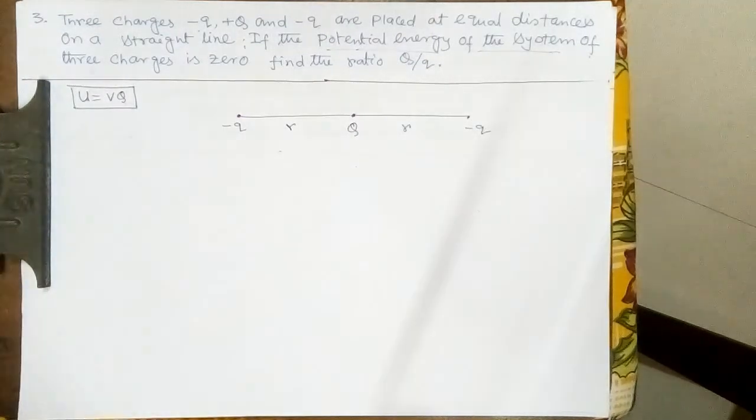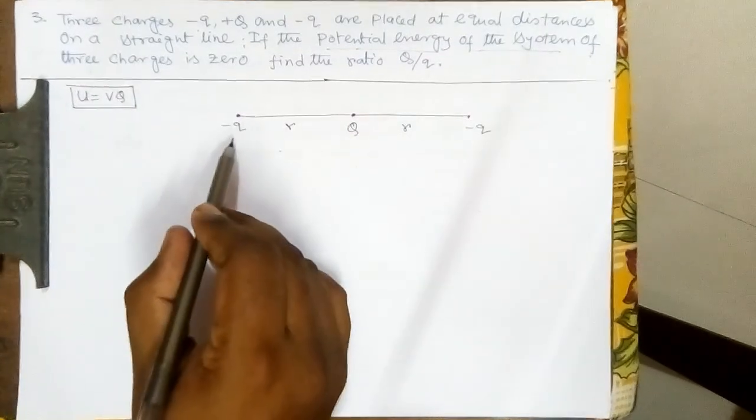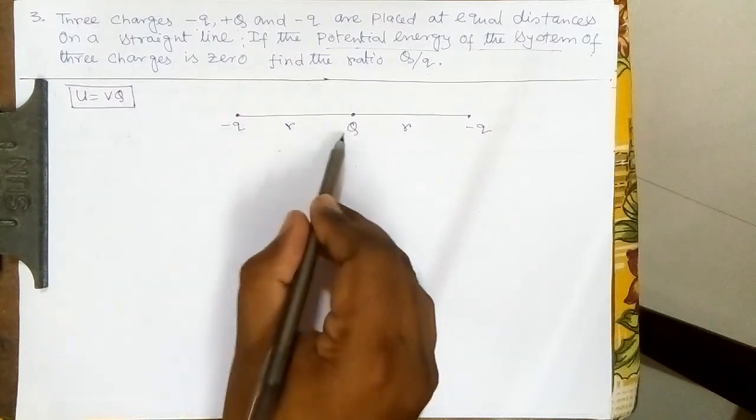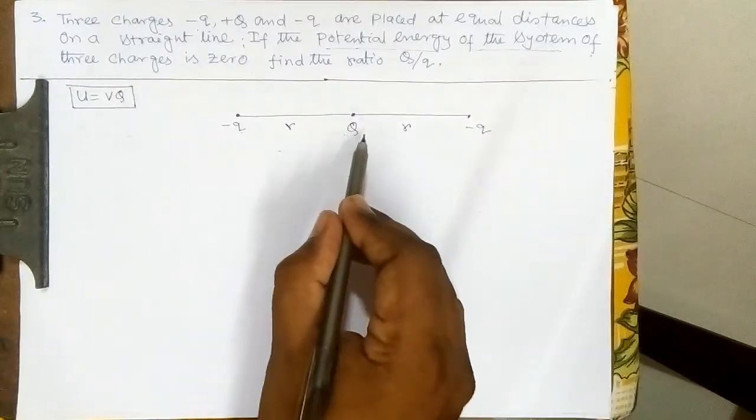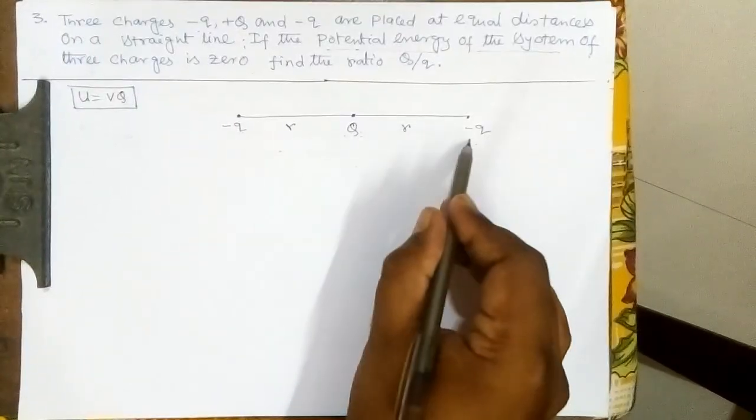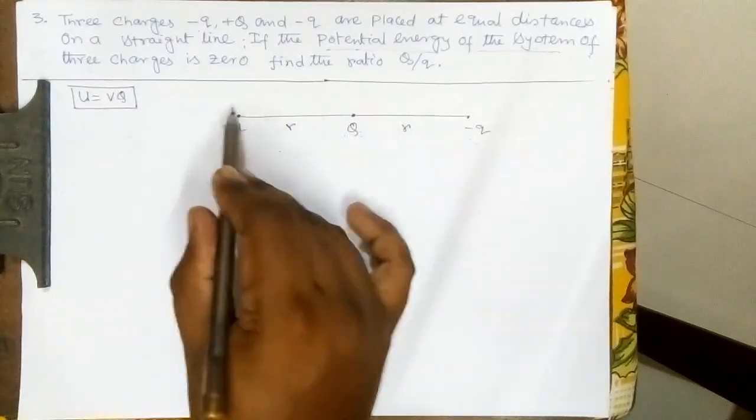Okay, so if I want to find the total potential energy, it means the potential energy between these two charges, the potential energy between these two charges, and the potential energy between these two charges.